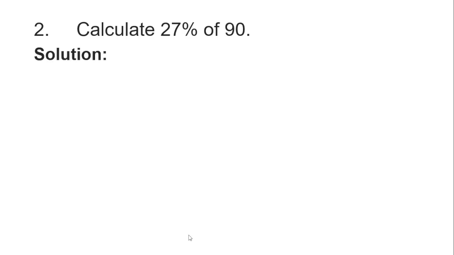But if we're going to solve 27% of 90, you make 27 into a fractional form so that it can be easily computed. It becomes 27 over 100 times 90, and we can remove the zeros so that we can simplify it more, so it can be easily divided using your brain, not your calculator.